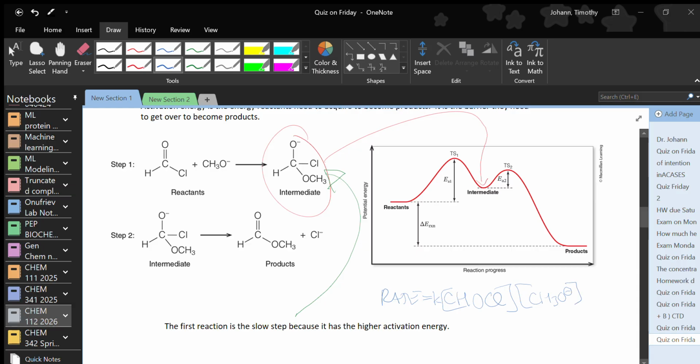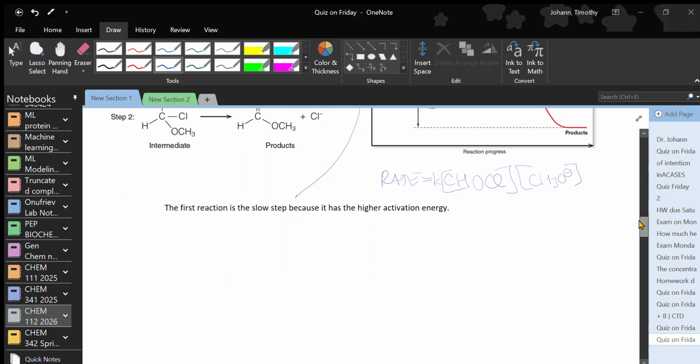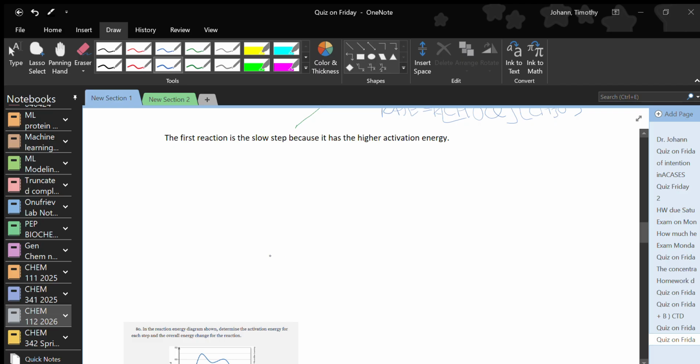Because that's my slow step, and those are my reactants in my slow step, and there's one of each. That makes sense why we did that? So I've got a practice problem down here.